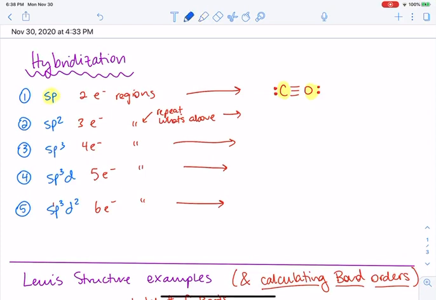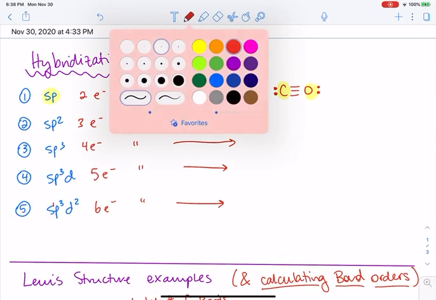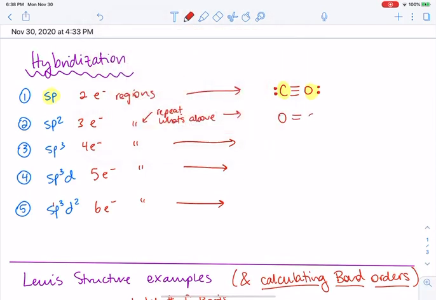For sp2 hybridized, you could have something like an acetone. Both the oxygen and the carbon are sp2 hybridized. Notice around the oxygen that we have 1 region, 2 regions, 3 regions. A double bond and a triple bond both count as 1 region.